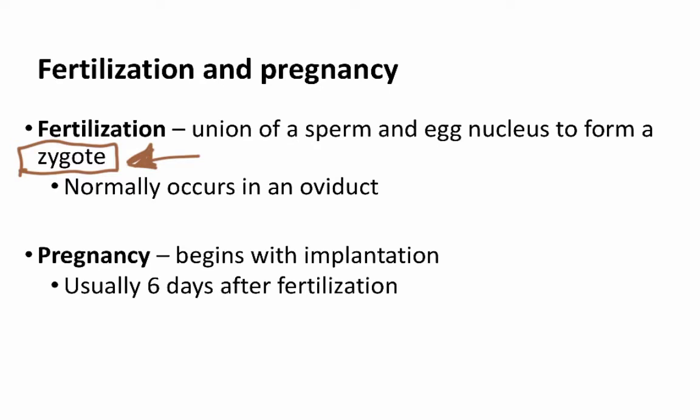It normally happens in the oviduct. Pregnancy does not technically begin with fertilization. It begins with implantation of the 6-day-old embryo into the wall of the uterus. And in part that's because so many fertilization events do not result in pregnancy.